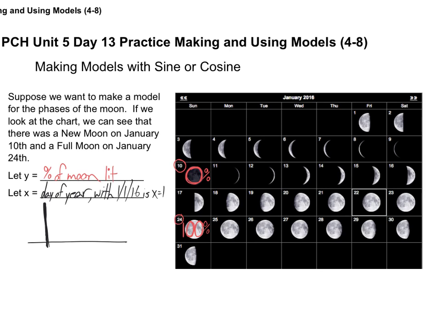Now that's important because this is not only good for January. Today is actually 402 days since January 1st. So we figured it out last period. Oh, okay. So we could, once we got our model, plug in 402 and see what it's going to be tonight, assuming our model is correct.